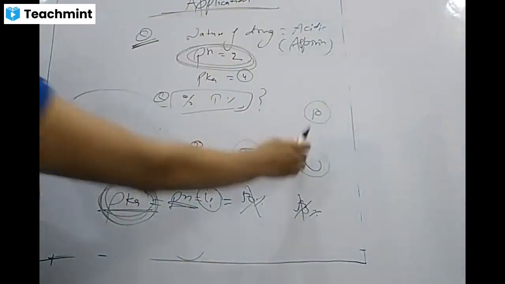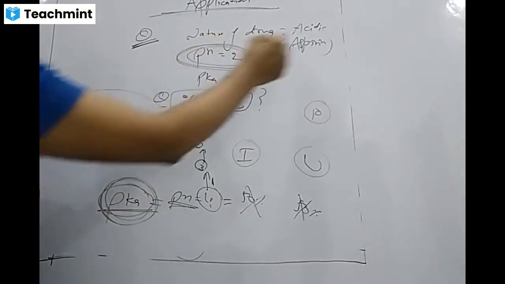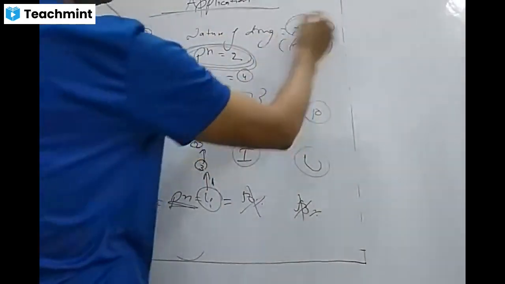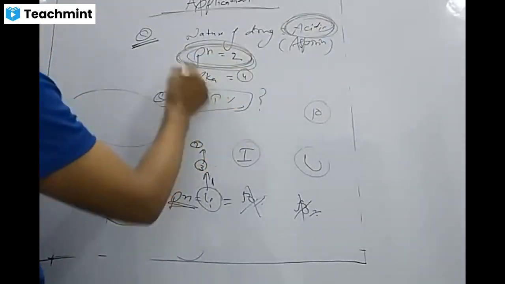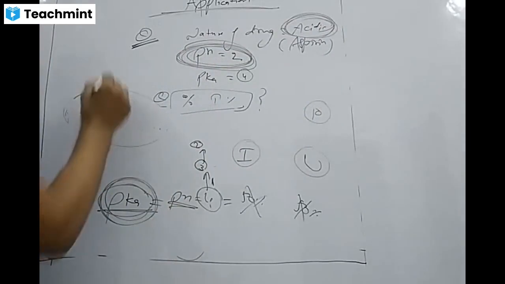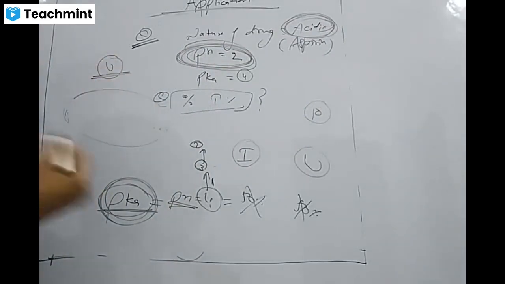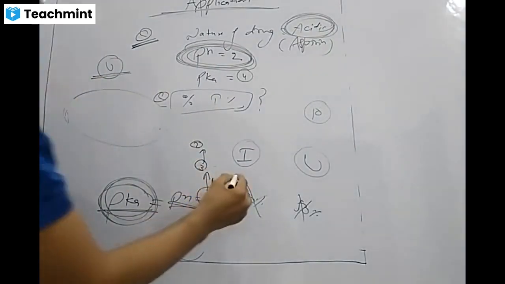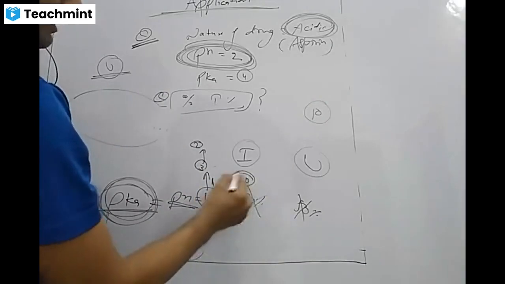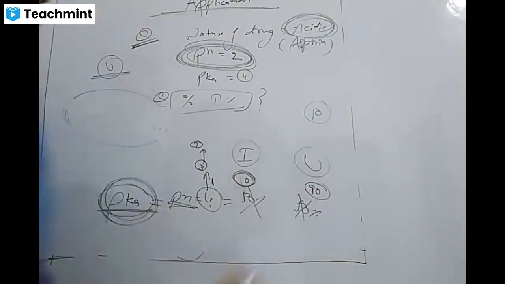Then out of these two, which will become tenfold? That will be obtained from the nature of the drug. Drug is acidic, media is acidic, it means more will be unionized and less will be ionized. So 10% will be ionized and 90 will be unionized.